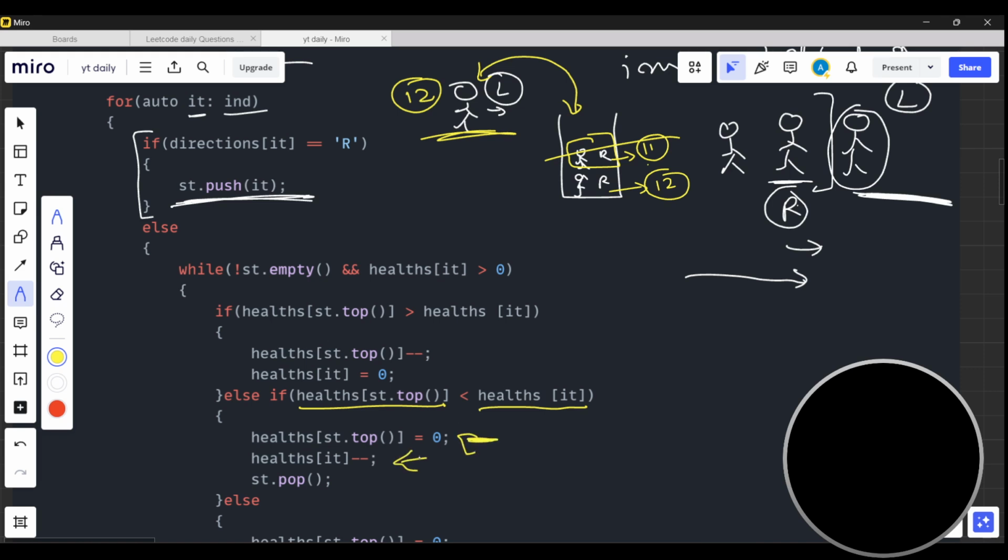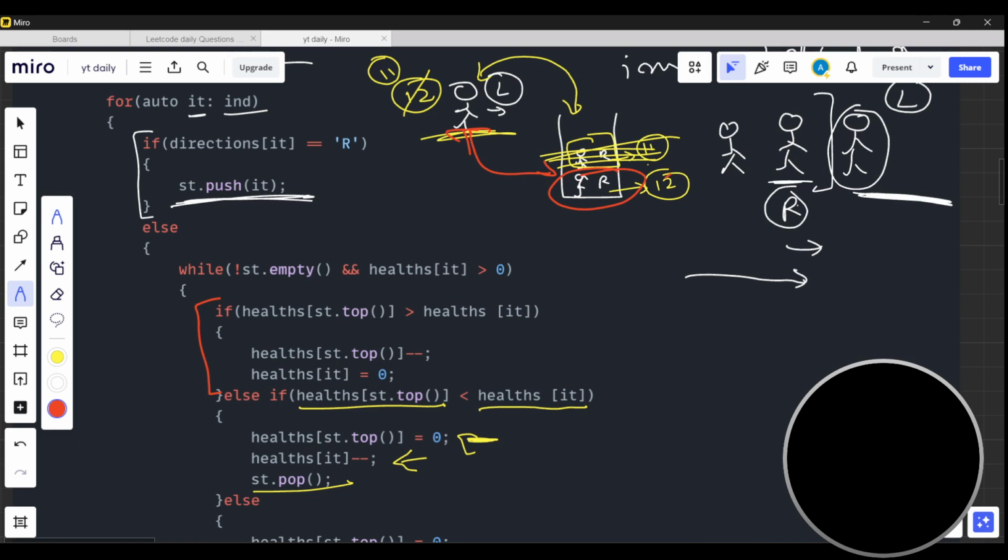I will decrease the health of the current robot which is moving in left, and I can just pop them because it got killed. Now it will collide with this robot. Now if these two collide, for sure I know there will be a first case.